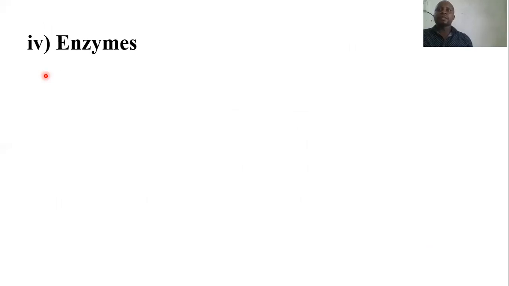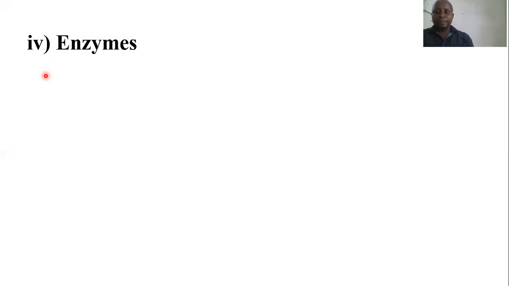The food which has been stored in the cytoplasm has to be hydrolyzed. So for hydrolysis to take place, enzymes are required. Apart from that, we also have assimilation of the food. That is, the food has to be broken down to release energy through the process of respiration. So for germination to take place, enzymes must be present.